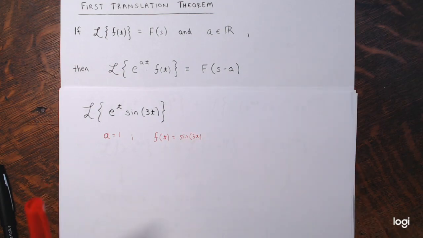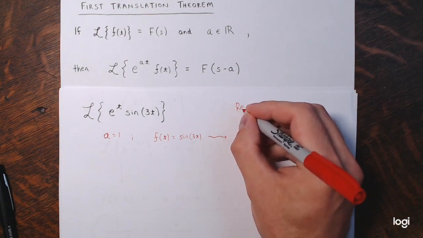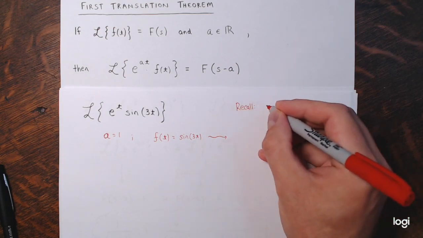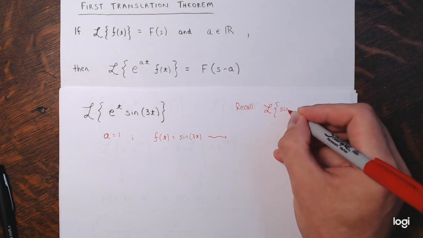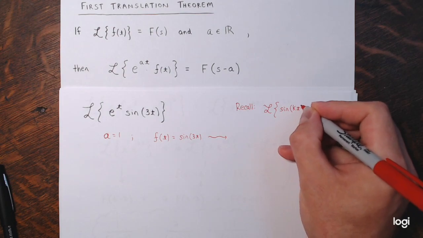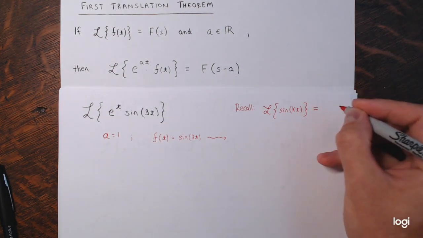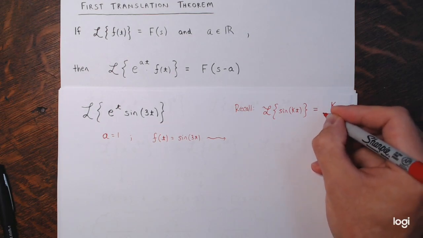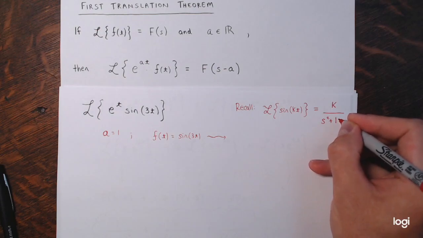All right, now I'm hoping again that you recall the following. That the Laplace transform of the sine of kt, where k was a constant, was k in the numerator divided by s squared plus k squared.